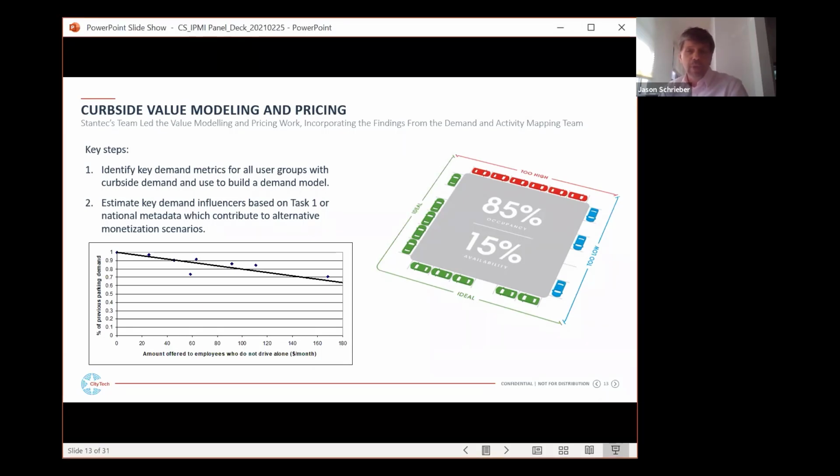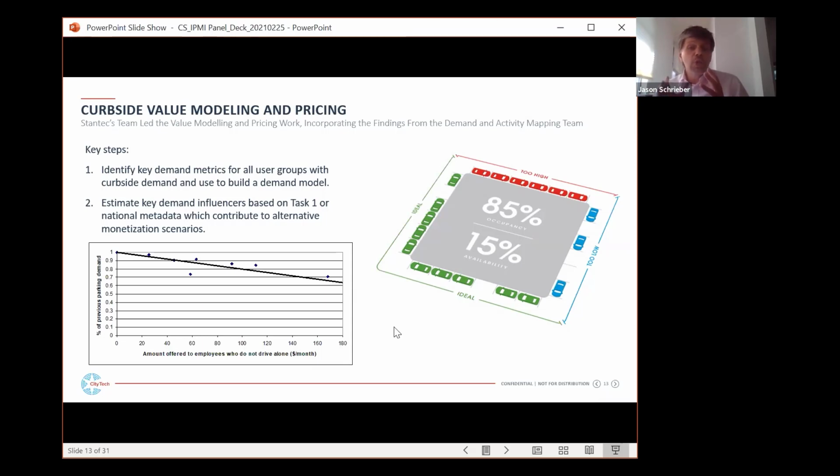And of course, over the last many years, ever since SF Park became so popularized, the idea of using pricing to manage the curb for cars has certainly been a really essential step. And so we actually looked at the data to try to understand what might be the variety of demand influencers besides just price. And in the end, pricing is still the primary influencer.